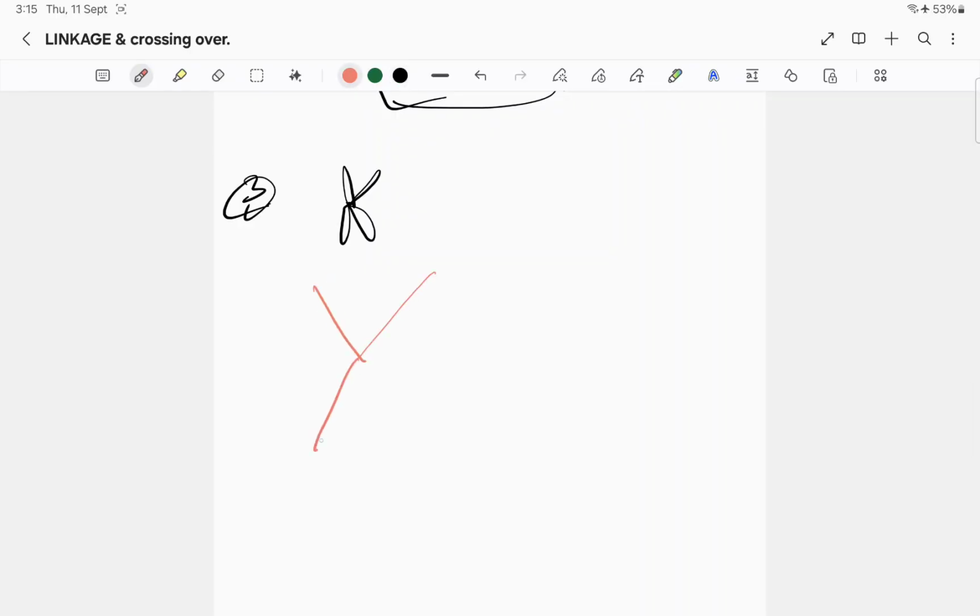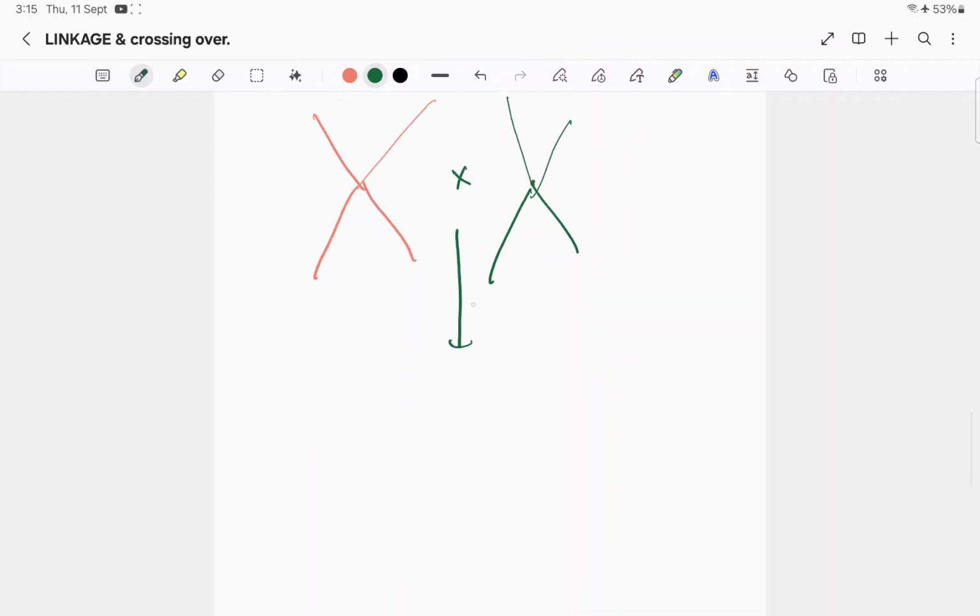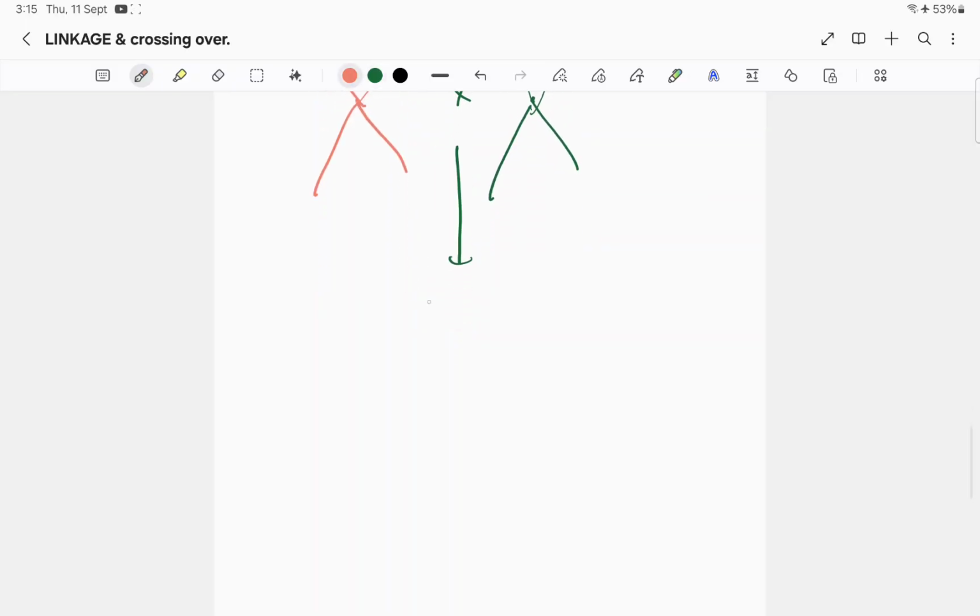For example, this is one chromosome, this is another chromosome. Crossing over at this part of the chromosome, what actually happens? Simply, I will extend it here.